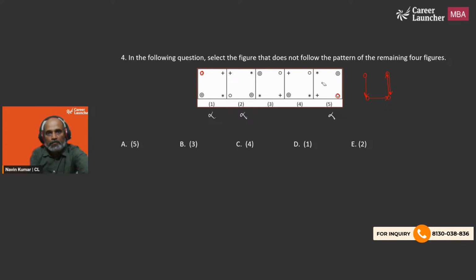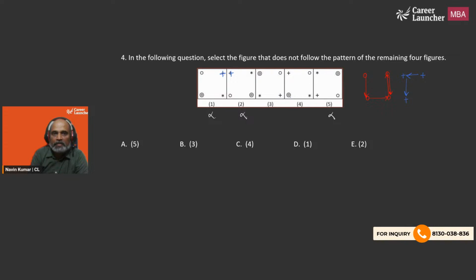So let's follow the plus symbol. It was here, it moved clockwise. So it was here, it moved clockwise, sorry, anti-clockwise. And then it goes diagonal. So it should actually come down.